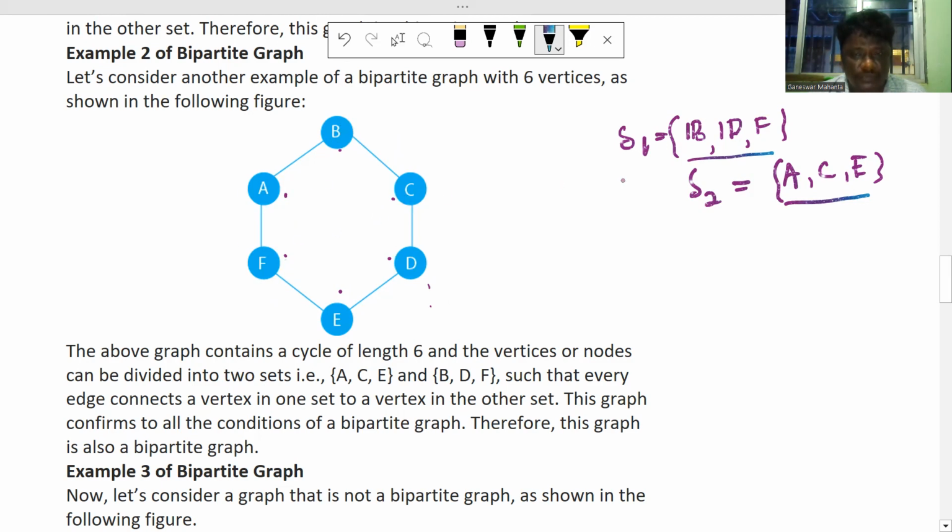So this is a bipartite graph with sets S1 and S2, but AB is connected, BC is connected, CD is connected, and DE is connected. So this is one set, this is another set. Therefore, the graph is called a bipartite graph.